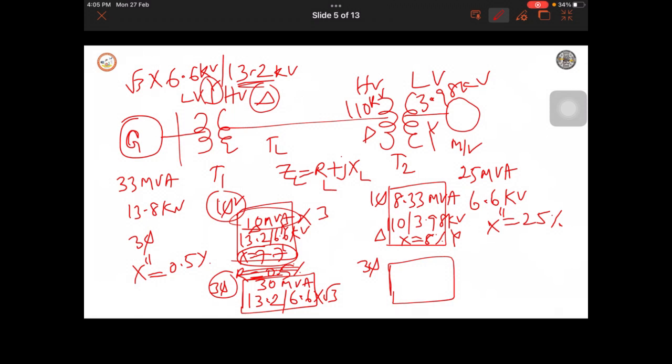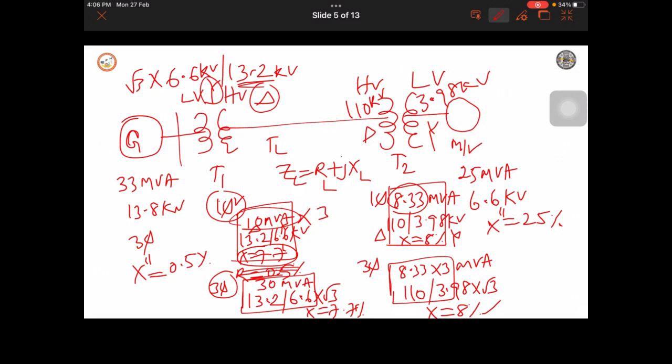So if you want to convert to 3 phase rating, 8.33 multiplied by 3 MVA. Power means you multiply by 3. Voltage, if you take 110, delta means it remains the same, star 3.98 into root 3. Star means you have to multiply with root 3 to convert into 3 phase. And reactance you should not multiply with 3. Here reactance is 7.7% only. Here reactance is 10% only. This is how we can convert single phase rating into 3 phase.